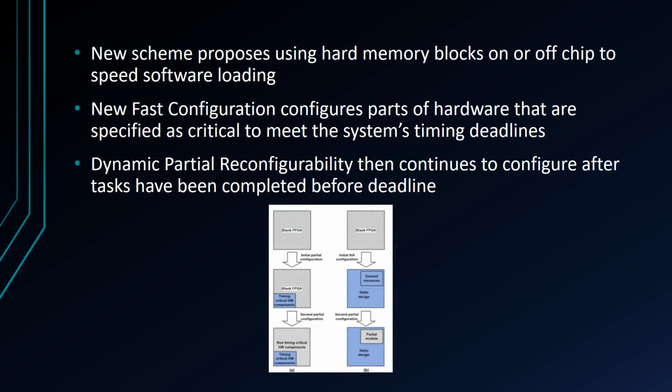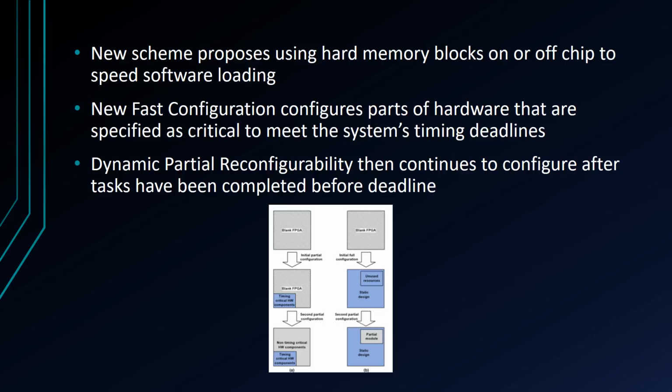And so an interesting optimization done here used a new scheme called fast configuration to essentially compile the parts of hardware required to handle any tasks needed immediately at startup to meet these critical deadlines, and then from there use dynamic partial reconfigurability to continue configuring the rest of the hardware after those tasks have been completed before the deadline.